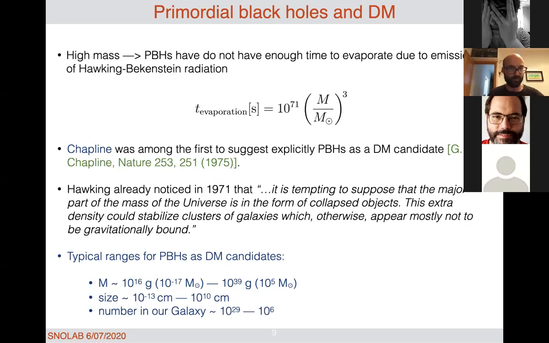But if they're more massive than that, they are stable over cosmological time scales, and they could be a part of the dark matter in the universe, possibly all the dark matter of the universe, as noticed already by Hawking in the early 70s. Or, of course, they can amount to some fraction of the dark matter in the universe.